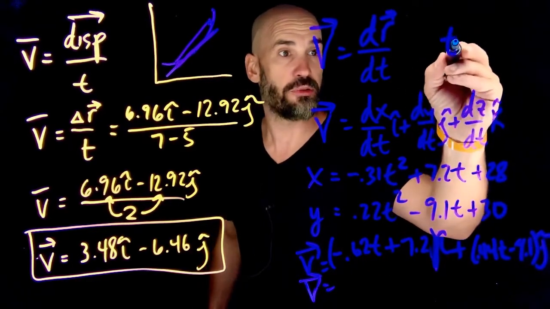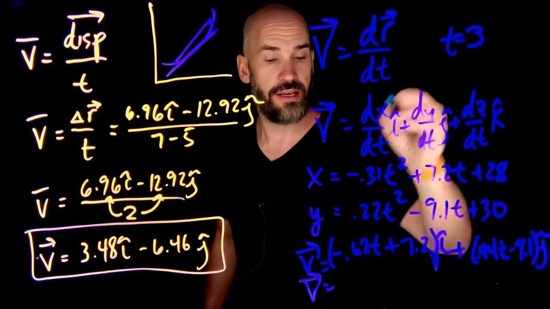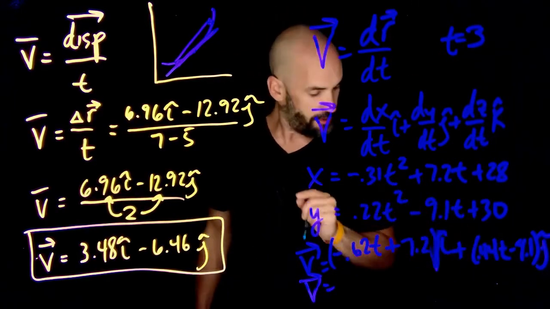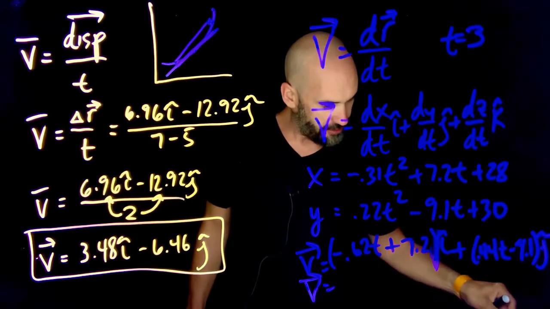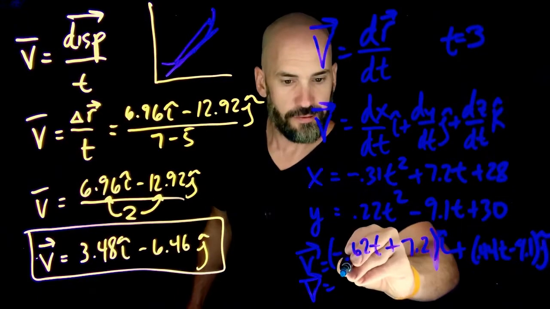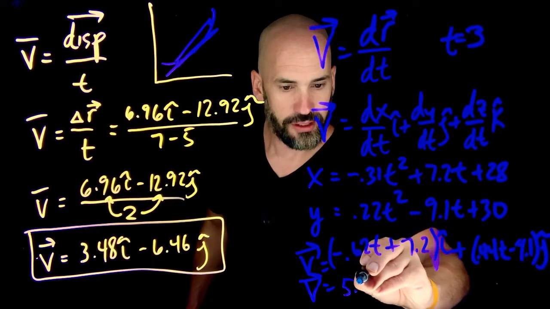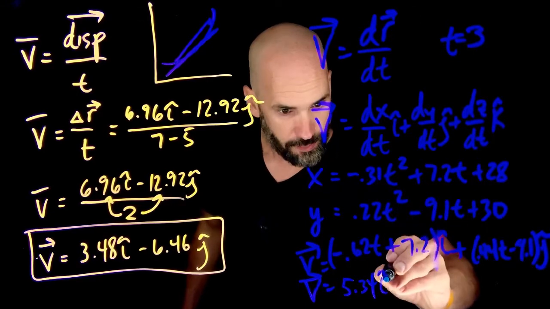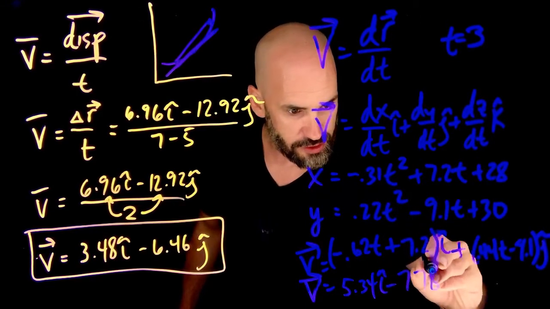So we want t equals 3. If we put in 3 here and 3 here, I get 5.34 i minus 7.78 j.